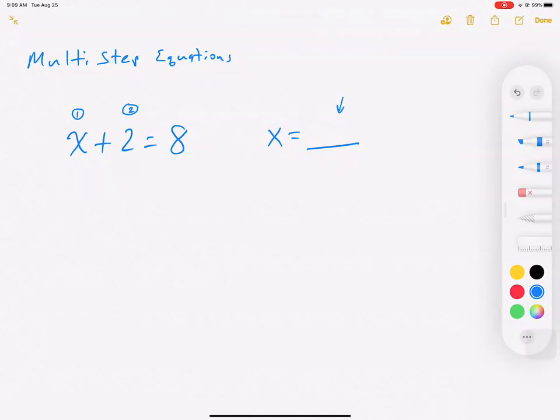And as we mentioned before, I'm going to write the minus 2 on the bottom to make it easy on me. I chose the opposite operation because I want to make sure I can get rid of the 2's. When I get rid of the 2's, we're left with the x by itself, because 2 minus 2 is 0, and 8 minus 2 is 6.